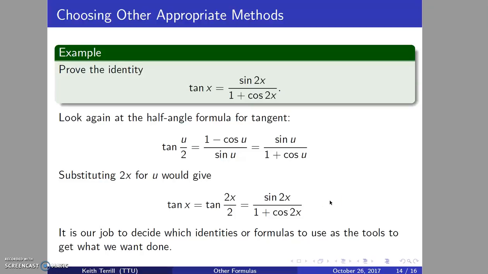Probably not. You might have tried multiplying both top and bottom of this leftmost fraction by 1 minus cosine of 2x and see where that got you. That might have helped, that might not have helped. It would have gotten you just sine squared of 2x in the denominator anyway. So maybe. No promises, no guarantees. But it's possible.